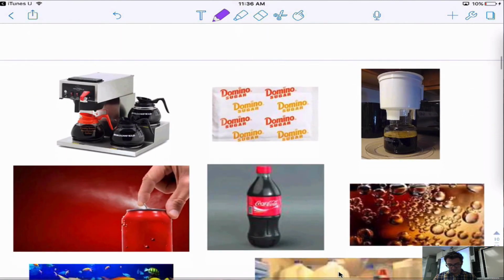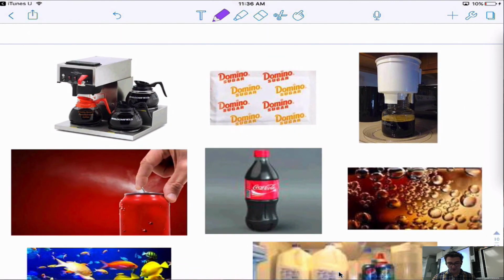So here's a visual of a few of these things. Here's coffee and the idea of dissolving sugar. If any of you have ever experienced this, you have hot coffee or hot tea and you can put sugar in it, it dissolves readily. You try and do this in iced coffee, good luck.